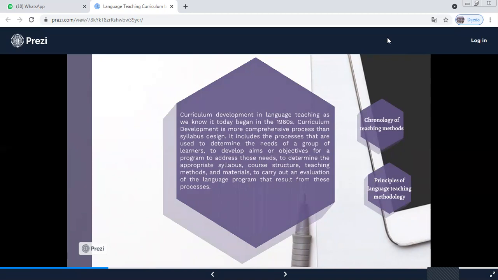It includes the process that are used to determine the needs of a group of learners, to develop aims or objectives for a program to address those needs, to determine the appropriate syllabus, course structure, teaching method, and materials to carry out the evaluations of the language program that result from this process.